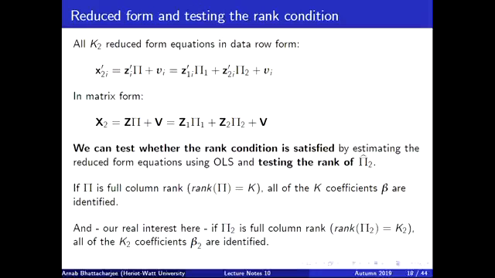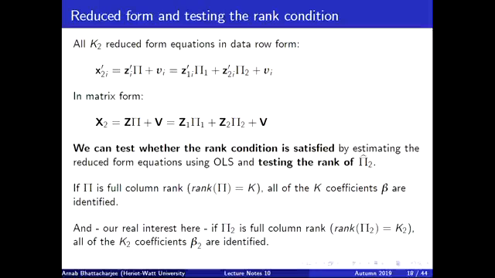Right. So we can test whether the rank condition is satisfied by estimating these reduced form equations using OLS and testing the rank of this guy, right? Simple. Okay, that is what we have been trying to do all along. Is everybody together so far? What have we done?